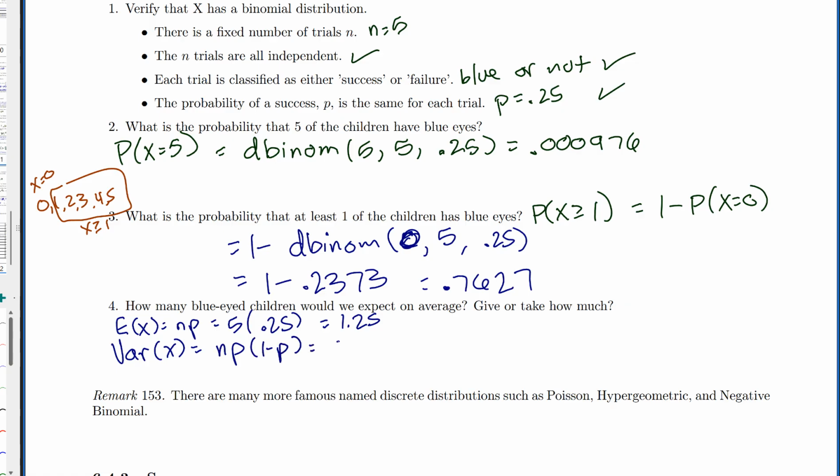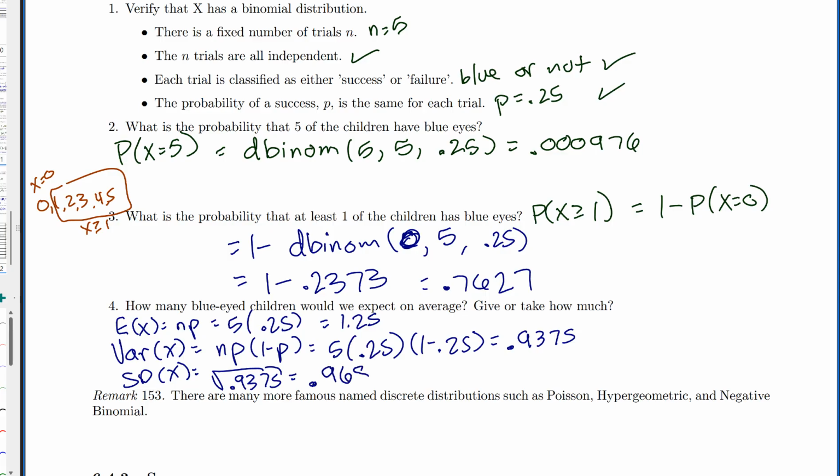So that's going to be 5 times 0.25 times 1 minus 0.25. So 0.9375. And if we want the standard deviation of X, we have to do the square root of that. So we get 0.9682.